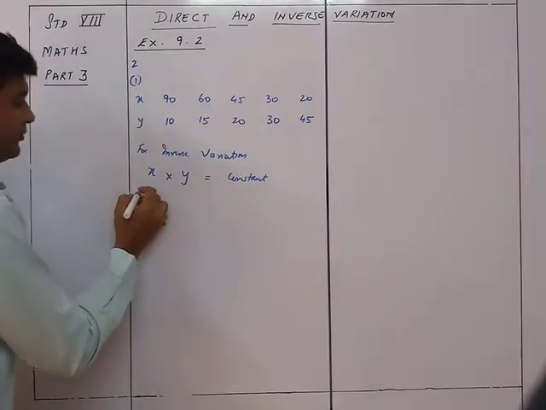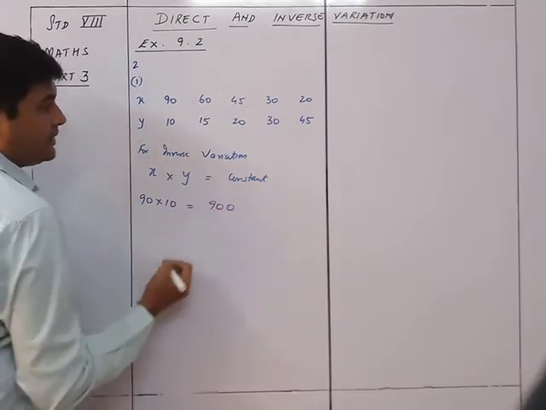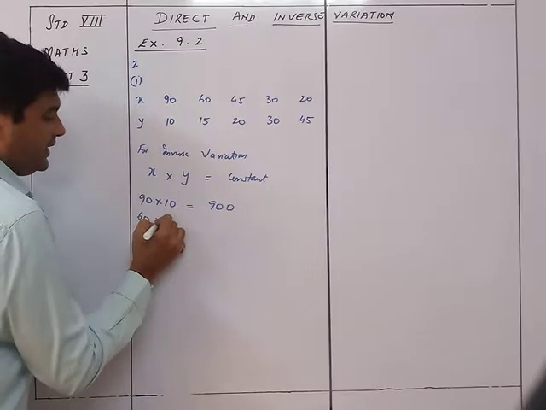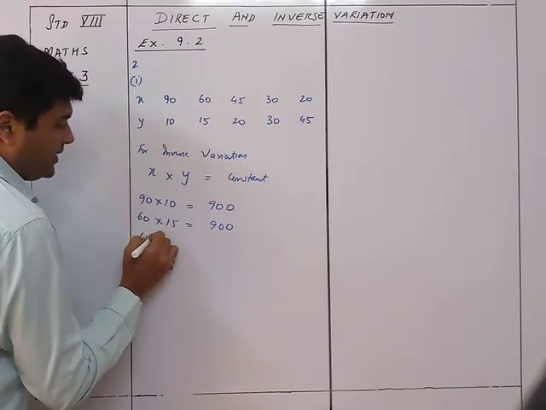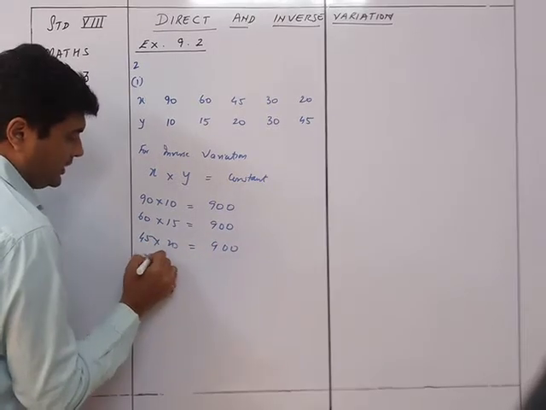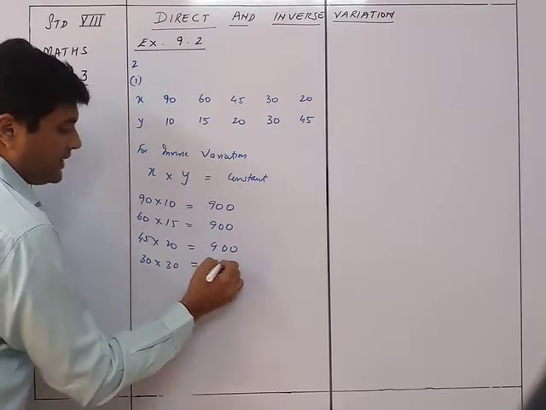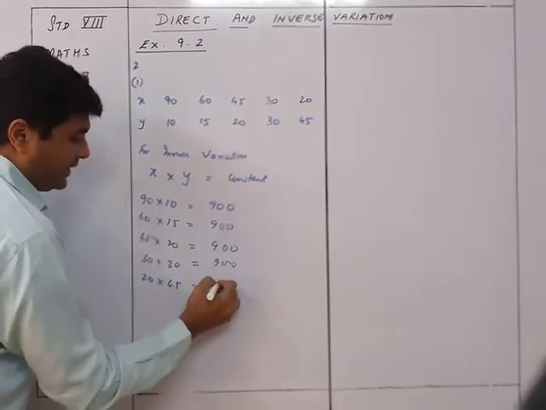Okay, so we have first 90 into 10 is equal to 900, 60 into 15 is equal to 900, 45 into 20 is equal to 900, 30 into 30 is equal to 900 and 20 into 45 is equal to 900.